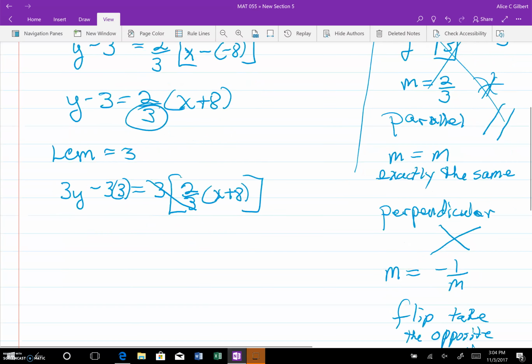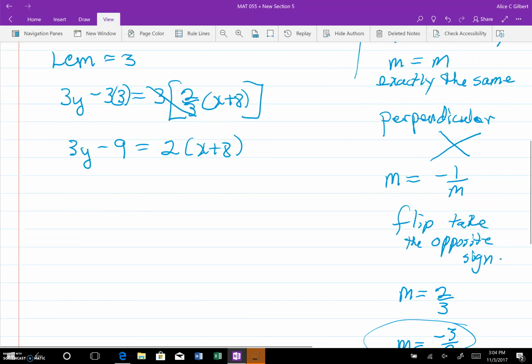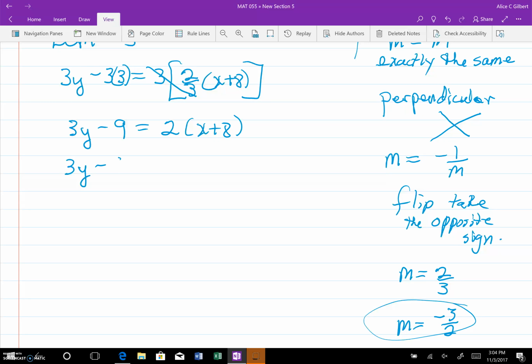Okay, these are gone. And so now I've got 3y minus 9 equals 2 times x plus 8. Now I'll distribute the 2. And so I've got 3y minus 9 equals 2x plus 16.